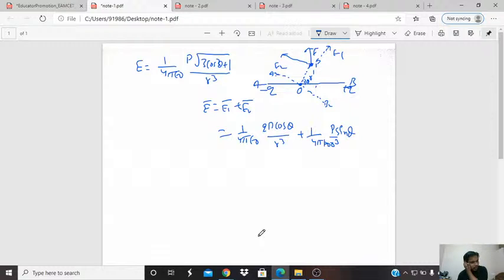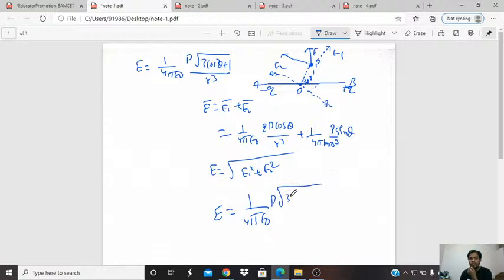Now take the resultant. The components are perpendicular to each other, so the magnitude is under root of E1 square plus E2 square. Substituting these two, E equals 1 by 4 pi epsilon naught, p into root of 3 cos square theta plus 1, by r cube.